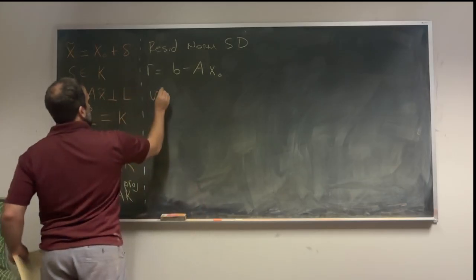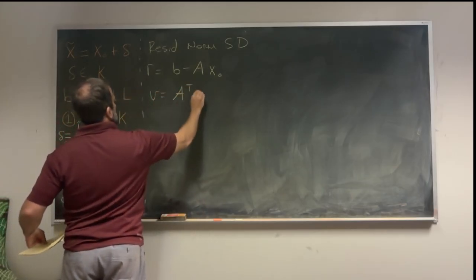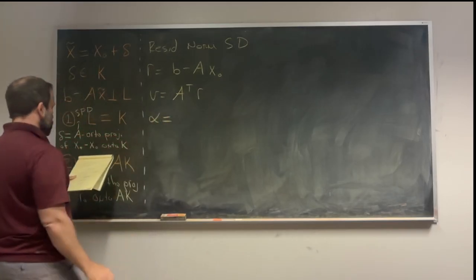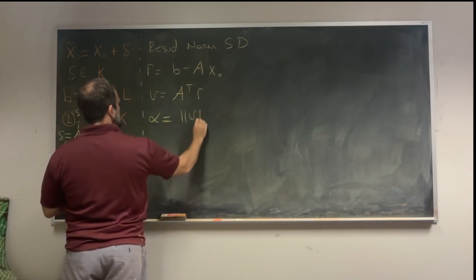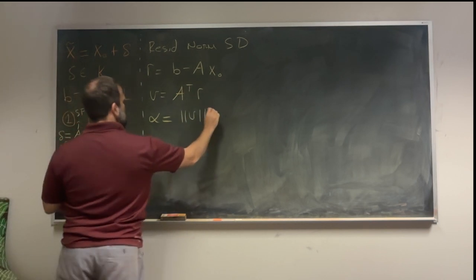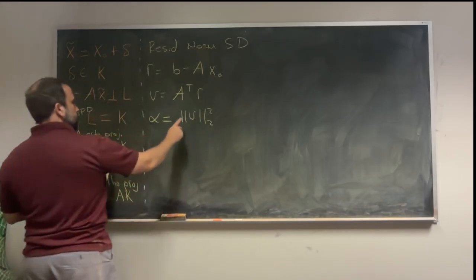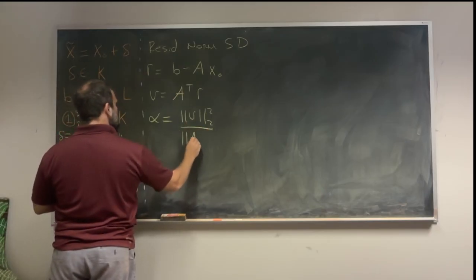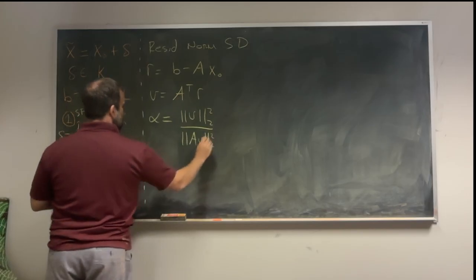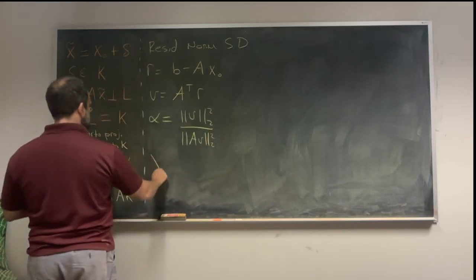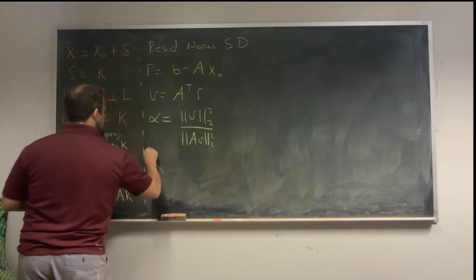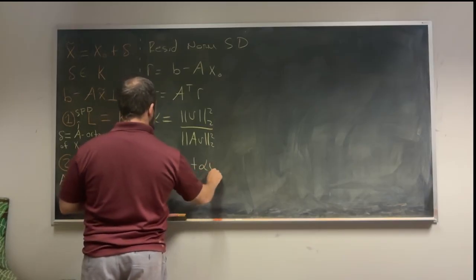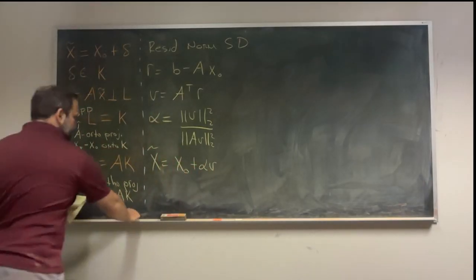V is equal to A transpose R. Alpha is equal to the square of the norm of V in the 2 norm, divided by the square of the norm of AV, and then X tilde is going to be X naught plus alpha times V.